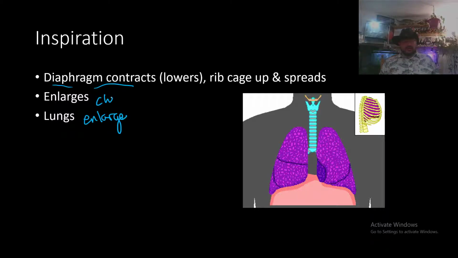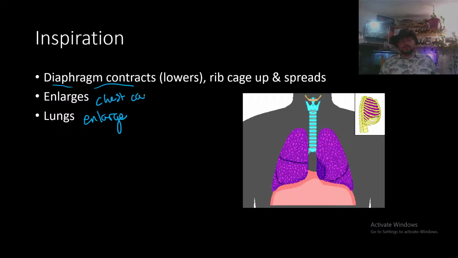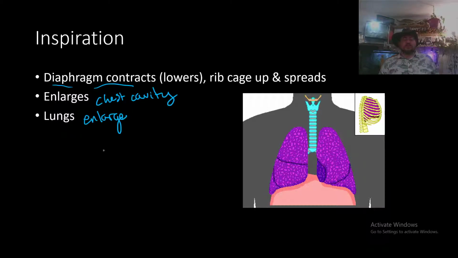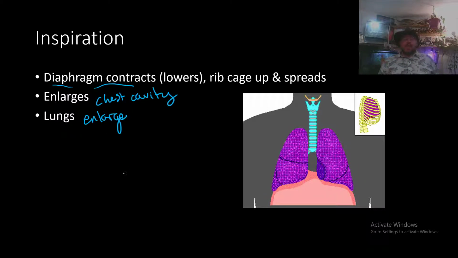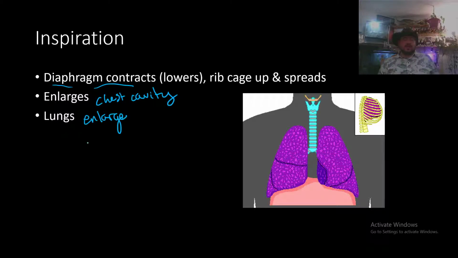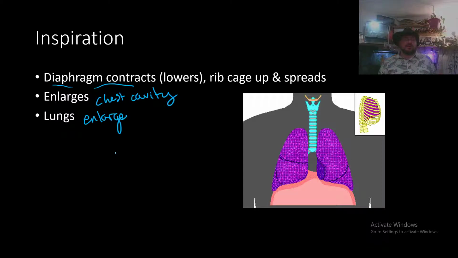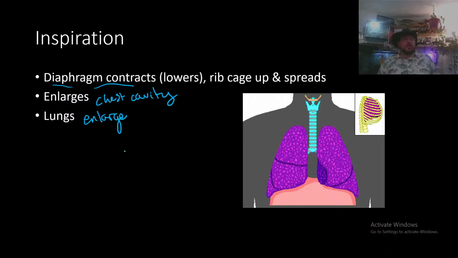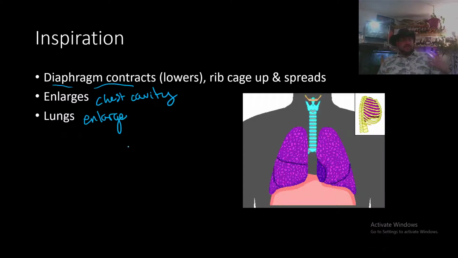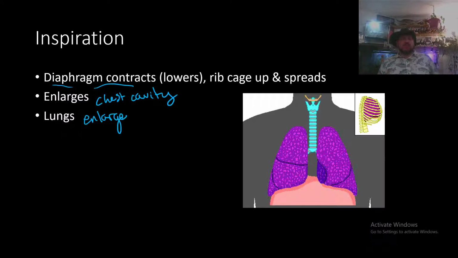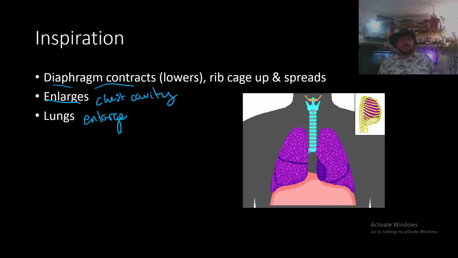So it enlarges the chest cavity and the lungs enlarge. And why this allows you to breathe in, like there's no structure pushing the air down into your lungs, right? You may think that's a heavy-duty muscle-induced thing, but all that's happening is you're enlarging the chest cavity.